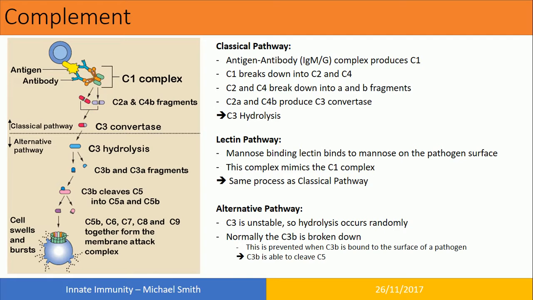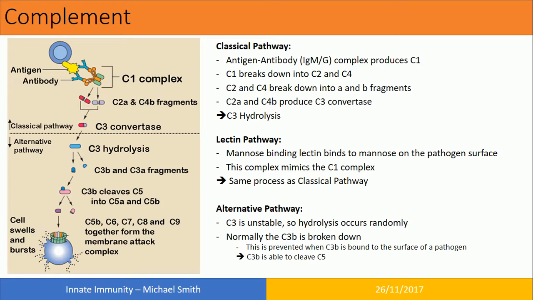The classical pathway involves an antigen on the pathogen cell surface binding to an antibody, and this produces a complex called the C1 complex. This then breaks down into the C2 and C4 complexes.